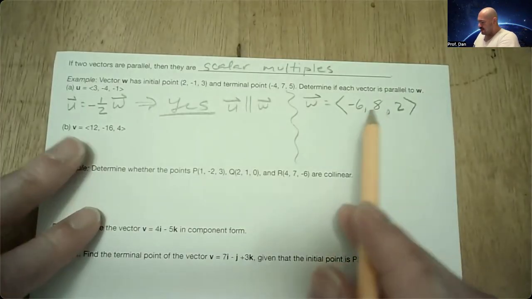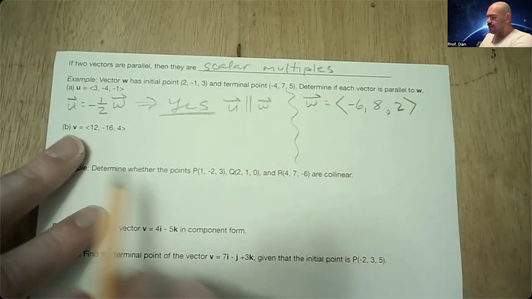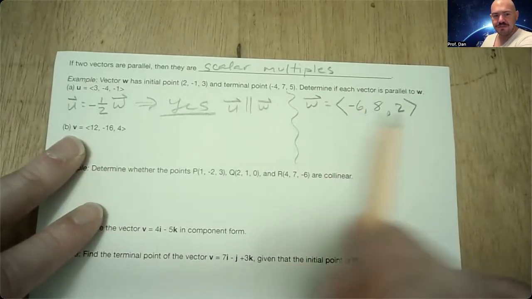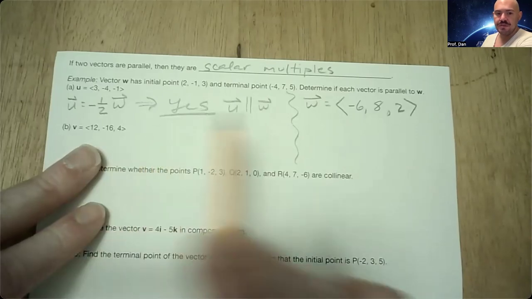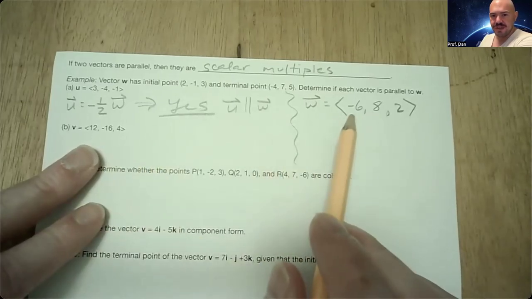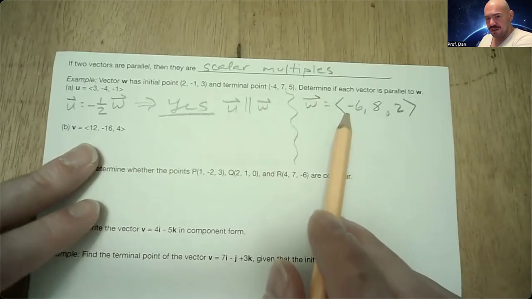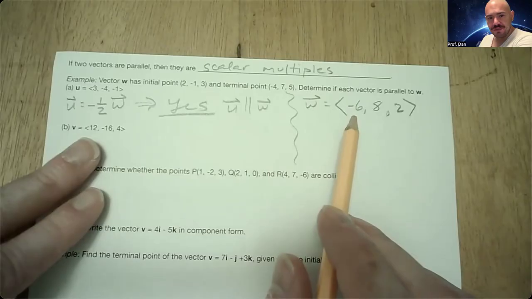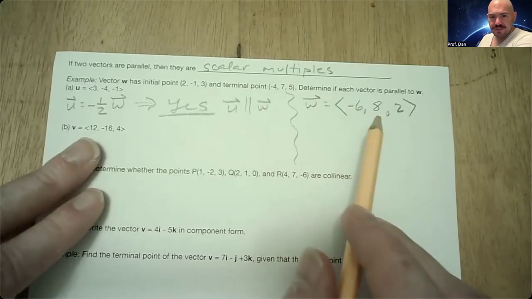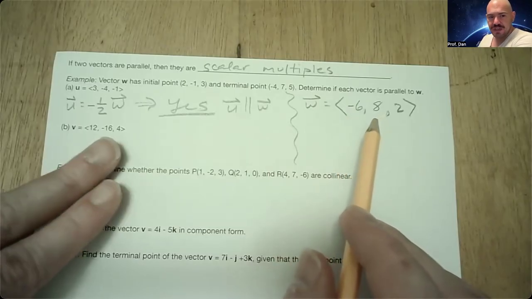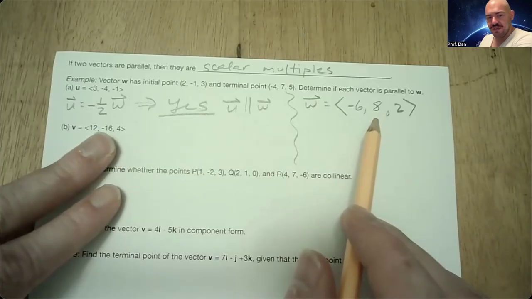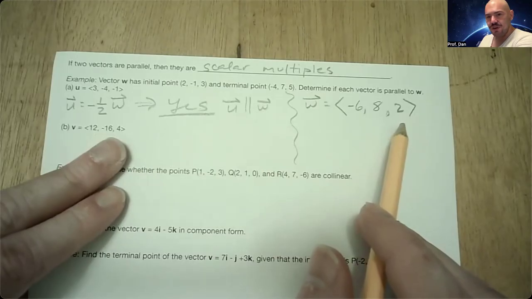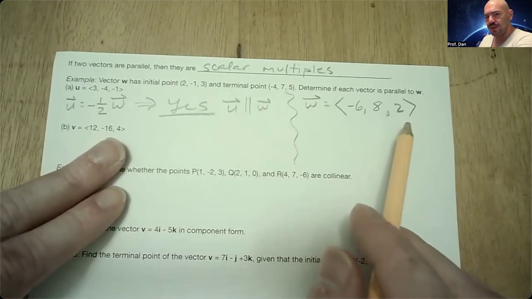Okay, now let's look at V. So is there a number that I can multiply each of these components in W by to get the components of V? Well, at first glance, you might say, why don't we try -2? Because -6 times -2 gives me +12. 8 times -2 gives me -16. But 2 times -2 gives me -4. Didn't quite work out.